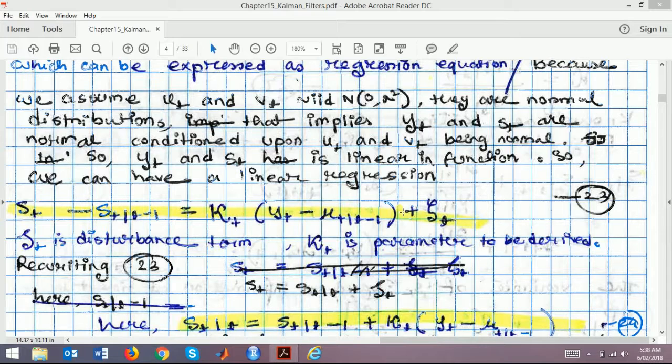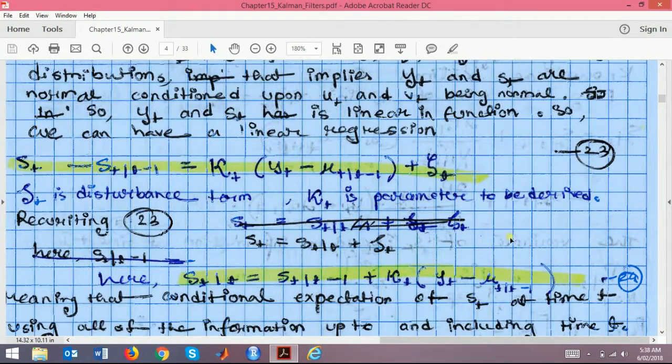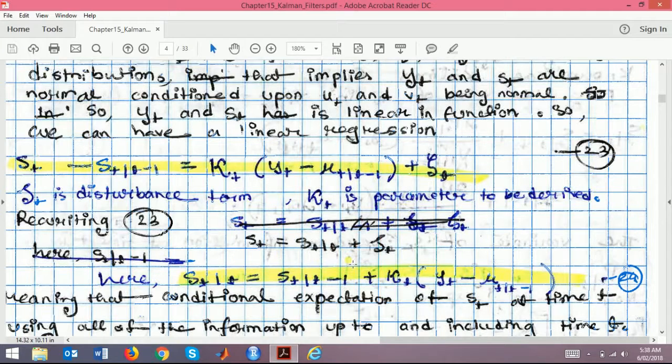S1 minus S10 equals kappa times the one step ahead prediction error, which is yt minus mu t minus 1, or mu10, plus zeta t. Now zeta t is a disturbance term. Kappa is a parameter to be derived. So we can rewrite this.